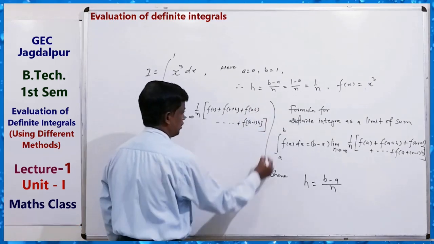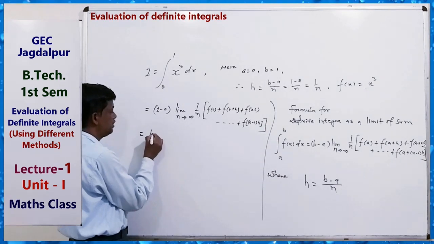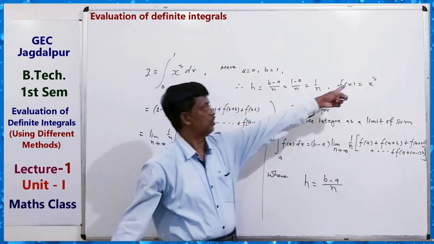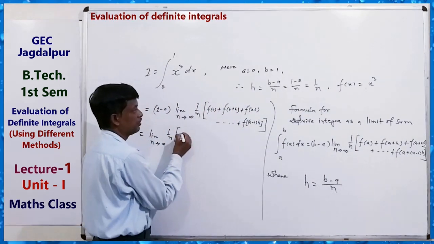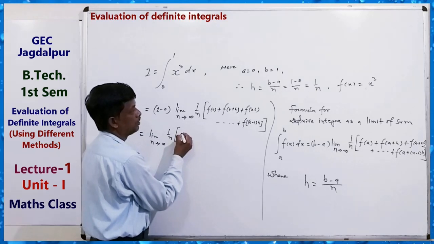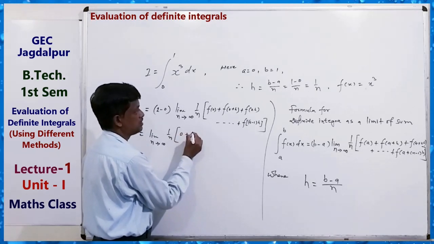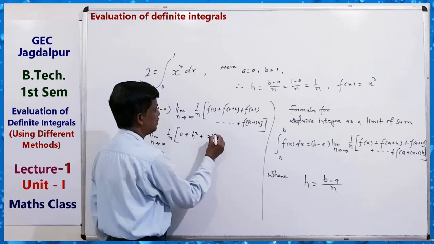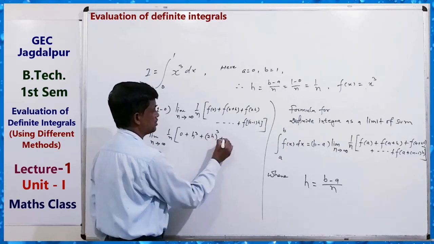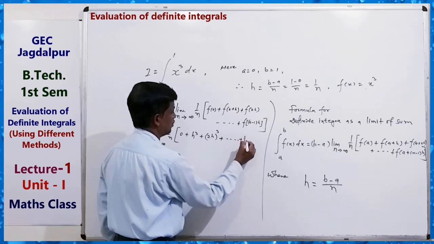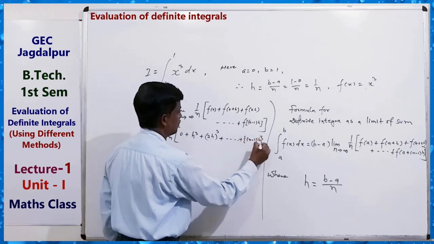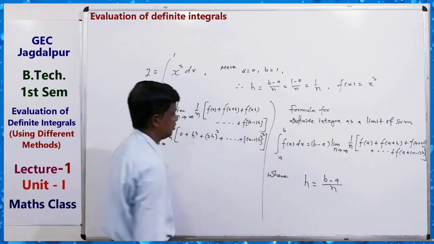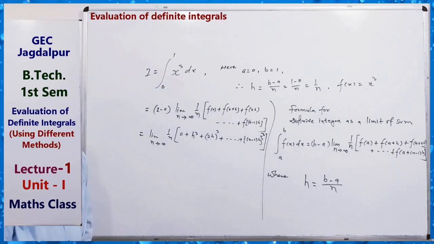Now this equals 1 times the limit as n tends to infinity of 1 by n, times [0 plus h cube plus (2h) cube plus ... plus ((n minus 1)h) cube].